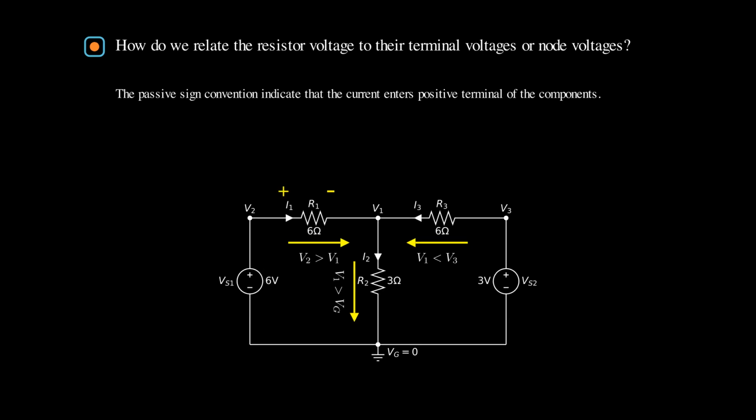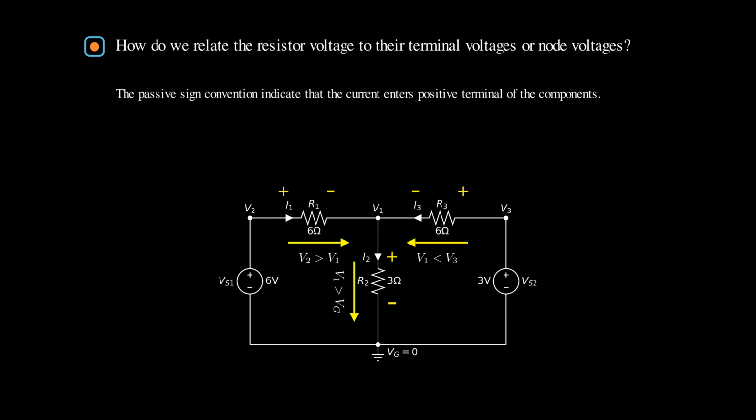Similarly, for R2, we need to label positive polarity at the top and negative polarity at the bottom. For R3, we need to label positive polarity at the right terminal and negative at the left terminal. Once the voltage polarities are labeled, it is clearer that the resistor voltages are equal to the node voltage at the positive terminal minus the node voltage at the negative terminal.